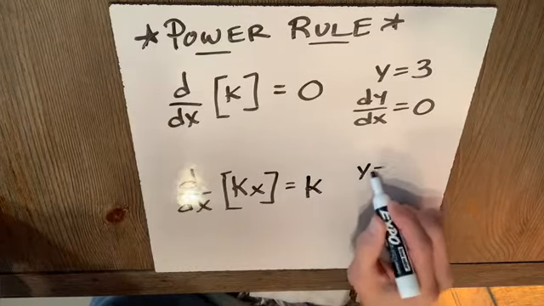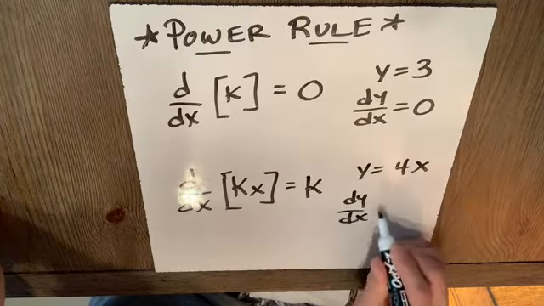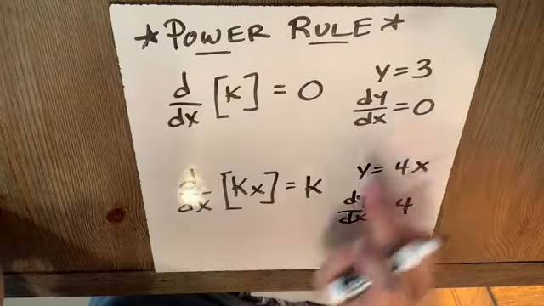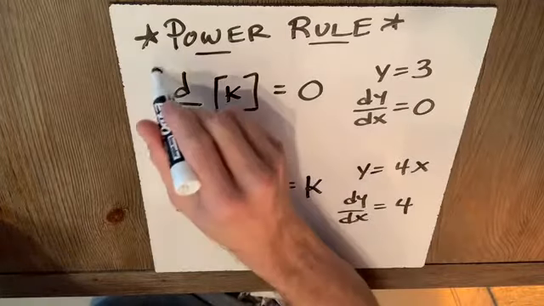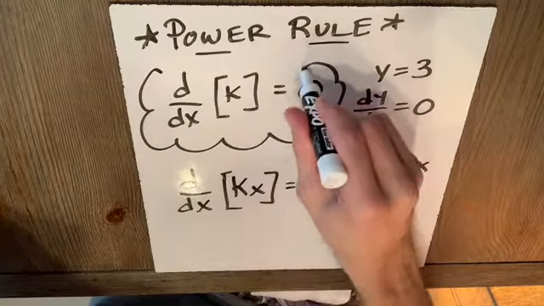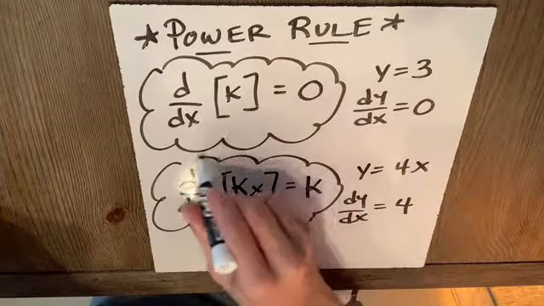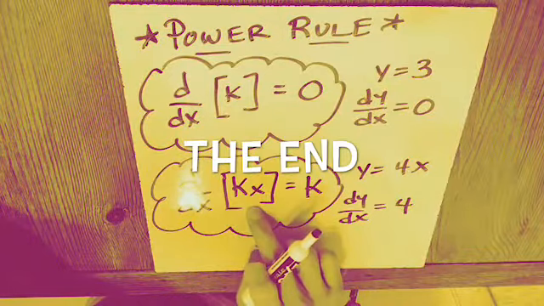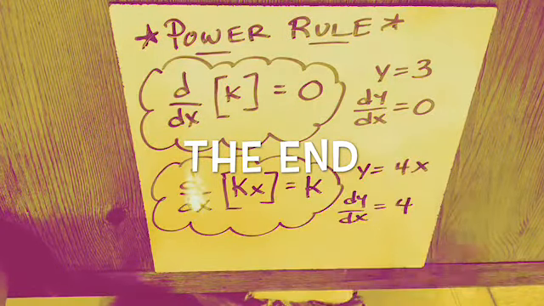For example, if y is equal to 4x, we said dy dx is 4. So here is the rule, here's how it plays out. We've just learned this, and here are the rules as we can see them and memorize them. If we're taking the derivative of a constant, we get 0. If we're taking the derivative of a linear term, we get the coefficient of the linear term.